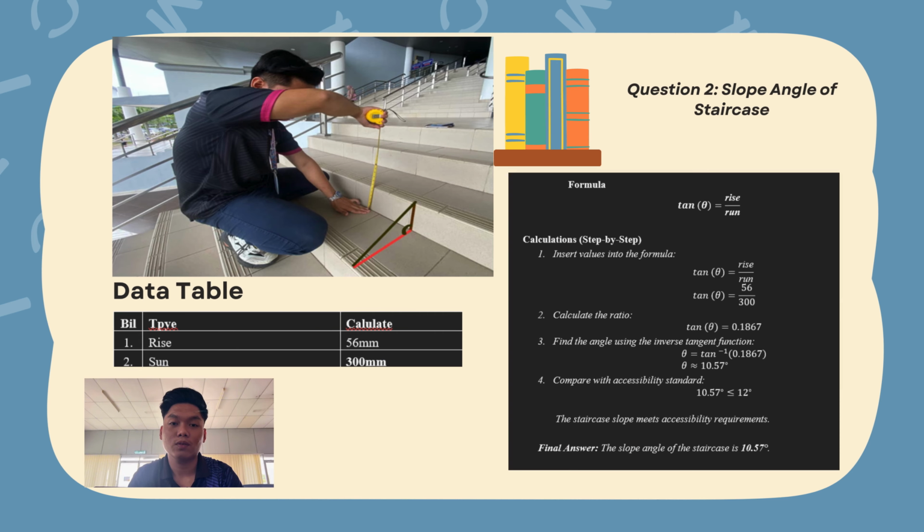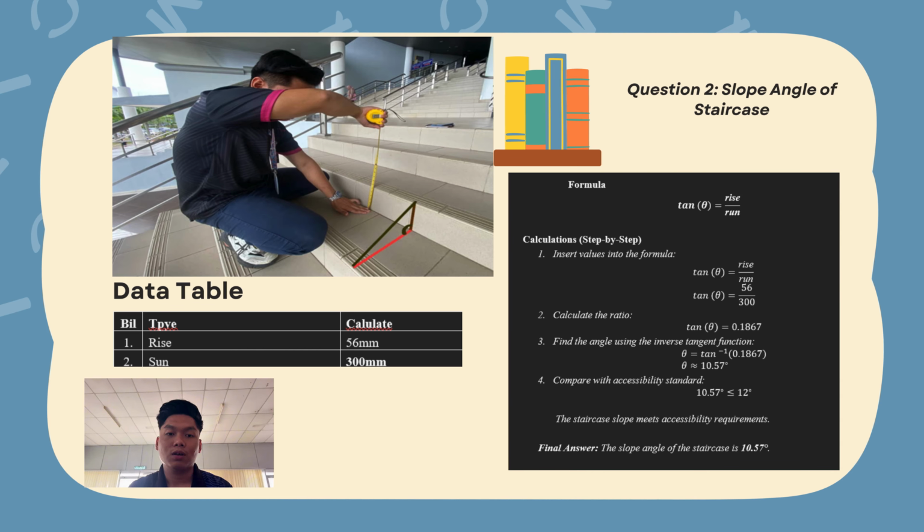We now move to the second question, which is calculating the slope angle of the staircase. Our objective is to determine if the staircase slope on our campus meets the accessibility standard. Based on the data we collected, first one is rise, 56 mm, and then the run is 300 mm.